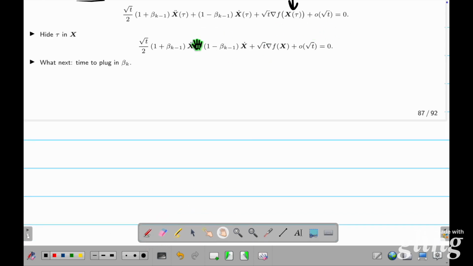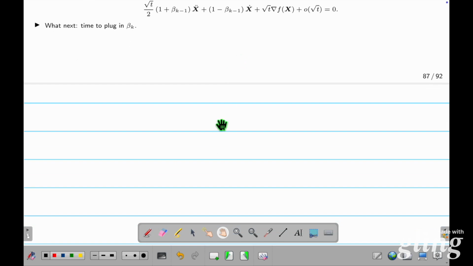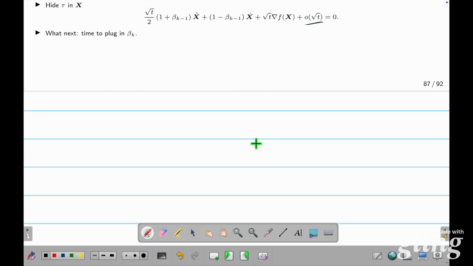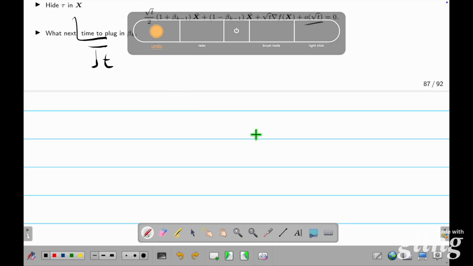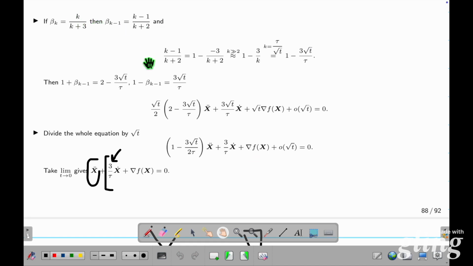Now, too many symbols. I hide the tau, so I have this. The remaining step is to kill this guy. We cannot take this limit going to 0 because this will die. So no, we cannot do that. We need to make sure of a very tricky thing. Then this thing is this, just math. For the long run, k bigger than, we don't care about the 2. So we have this.